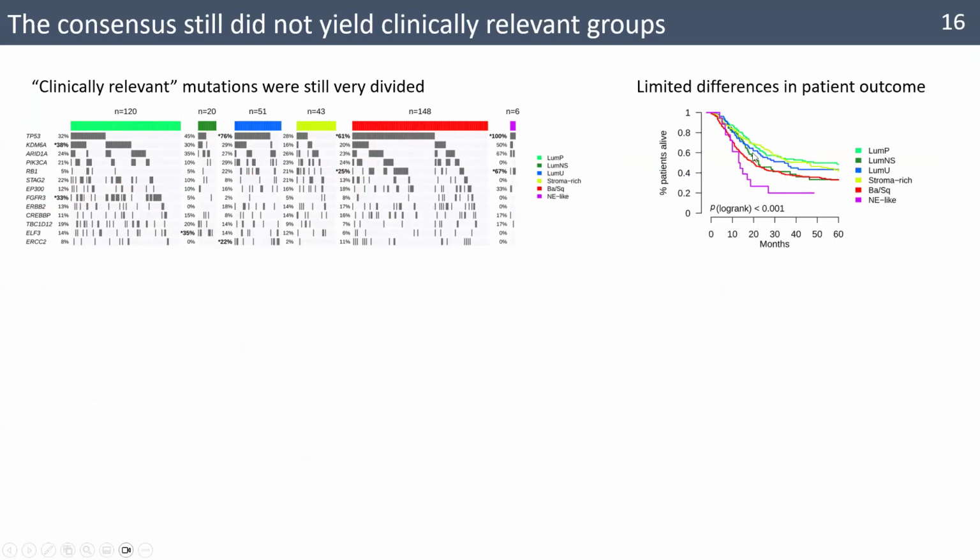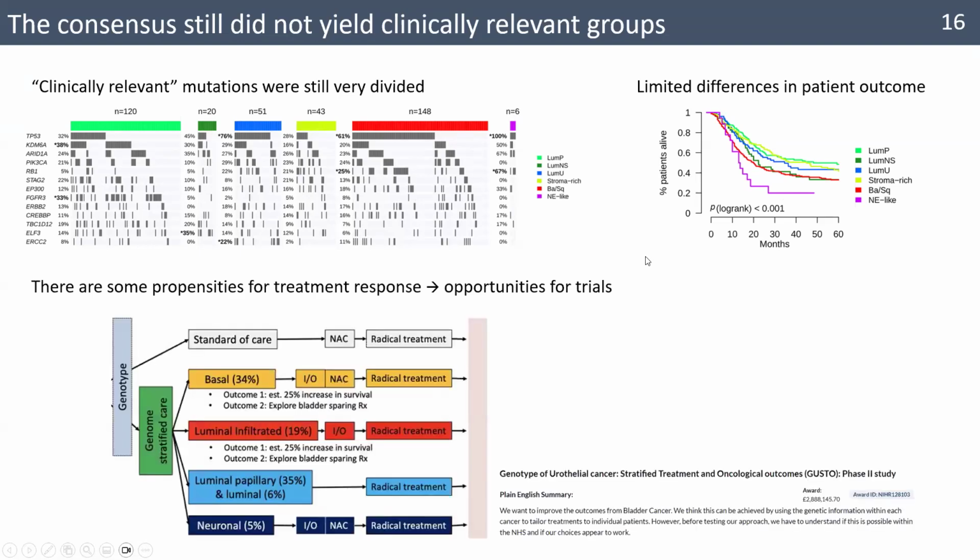There are some differences in survival. So these purple neuroendocrine, but there's only 6 of these in the cohort. These samples do particularly badly. Basal tumors do particularly badly, and our luminal papillary tumors do the best. But the separation between these lines isn't very big. There are some suggestions that basal tumors, for example, respond better to immunotherapies than luminal tumors do.